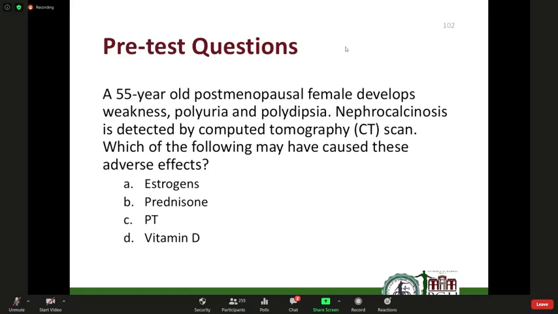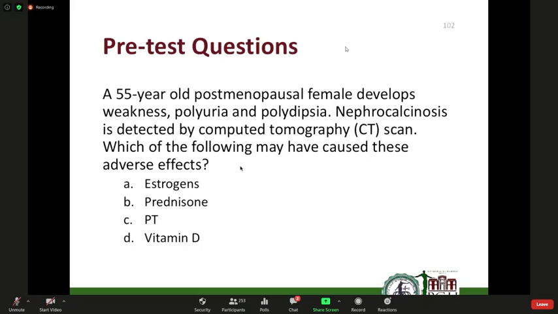So a 55-year-old menopausal woman develops weakness, polyuria, and polydipsia. So non-specific yung complaint, but because there was polyuria and polydipsia, they thought baka nagdi-DI yung patient. And then for some reason, they did CT scan, and so what they saw was nephrocalcinosis.